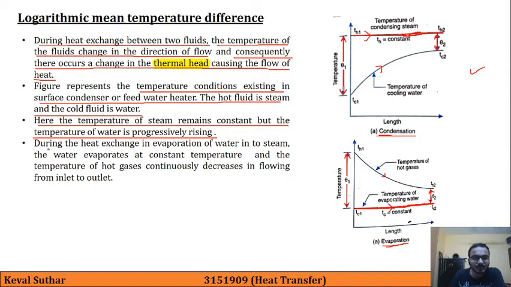During the heat exchange in evaporation of water into steam, that is in the second figure, the water evaporates at constant temperature, and the temperature of hot gases continuously decreases in flowing from inlet to outlet, that can be seen in the second figure.